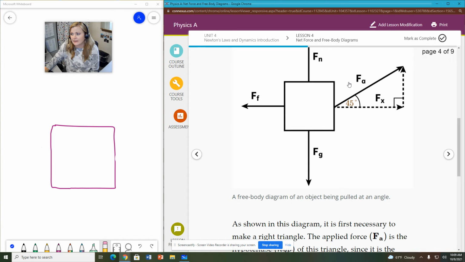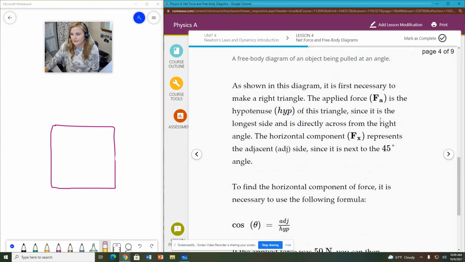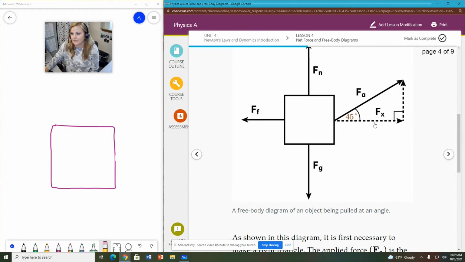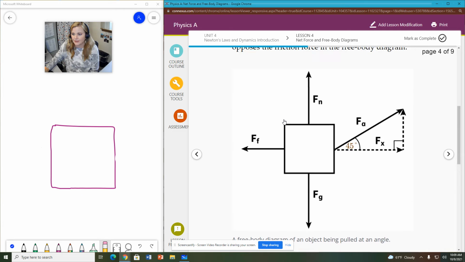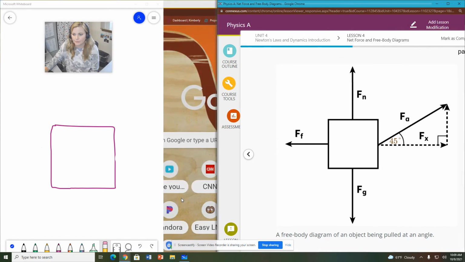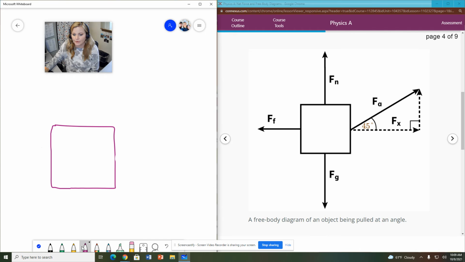And what we need to do is figure out the components of that. So we need some numbers here, I believe. Does it give us numbers here? Okay, so it says the applied force is 50 newtons. I'm going to go ahead and just draw this over here, because I can't copy that.